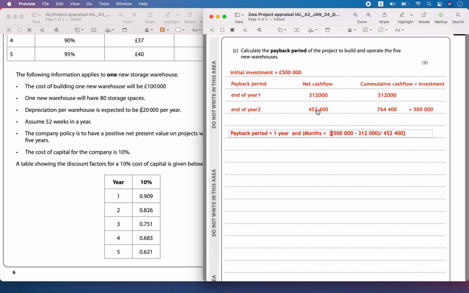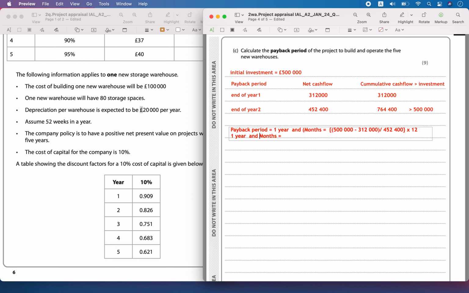So you are calculating what percentage of the cash flow the remaining amount is, and spreading it over months, to understand how many months it will take to pay back in the second year.